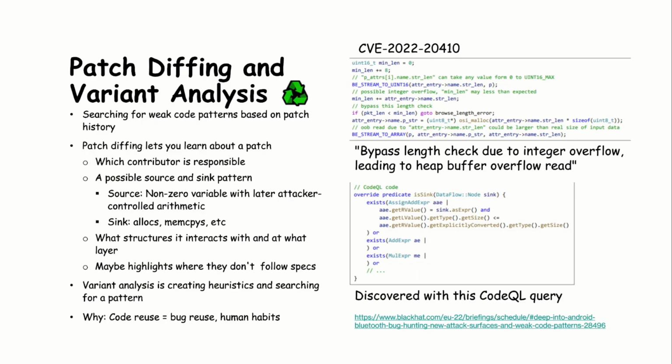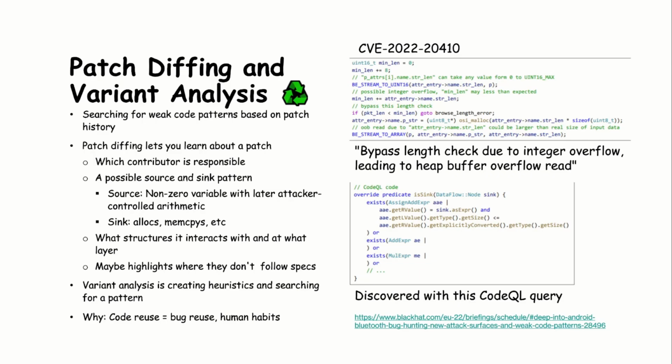You could patch diff the changed call site or the changed blob of wherever in the code base was affected, and see if their patch really fixed it or if their patch was stupid, stuff like that. But that also gives you, again, a really good idea of how people write code, and you can use that to make searches across an entire code base.